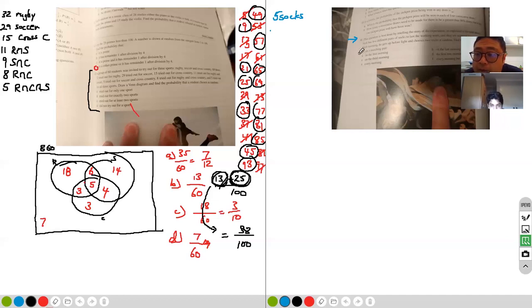On the first morning, if he chooses one sock, how many socks are there? There's 10 socks altogether, right? So if he chooses any one sock, then what's the probability of choosing its matching pair? How many socks will match?